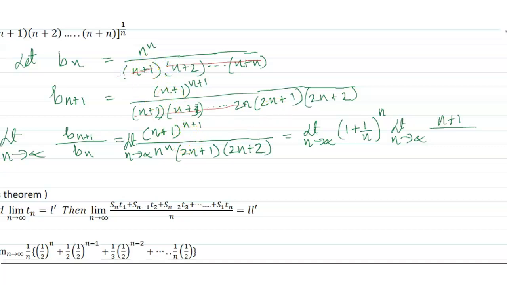So here you get n plus 1, so it is n plus 1 whole square. Yeah, now it is clear.